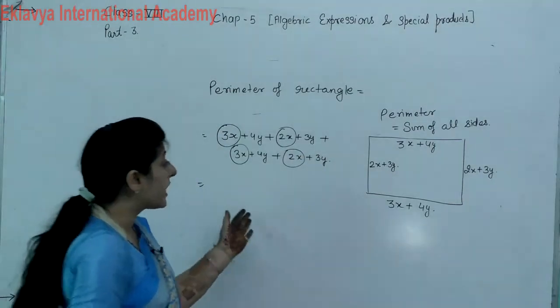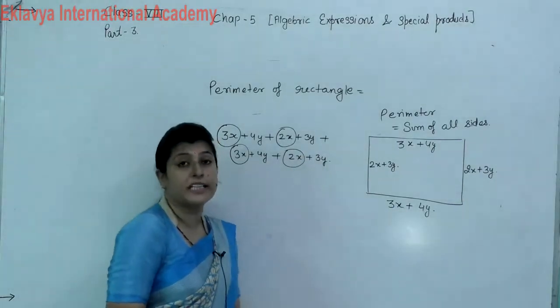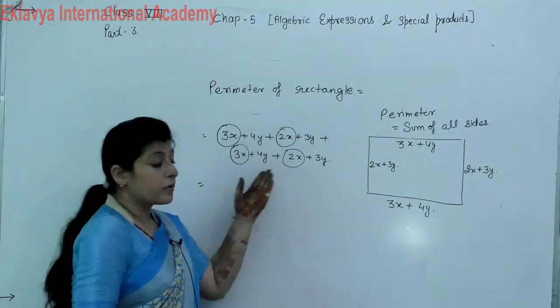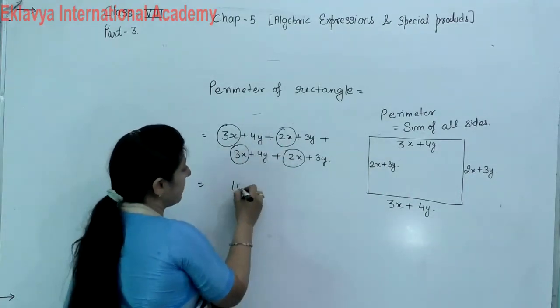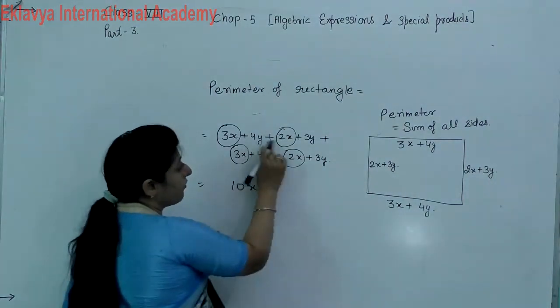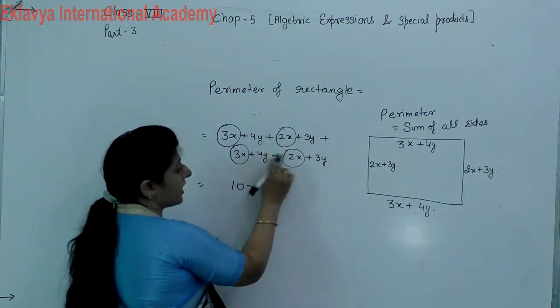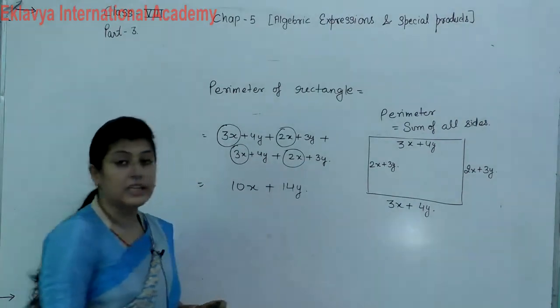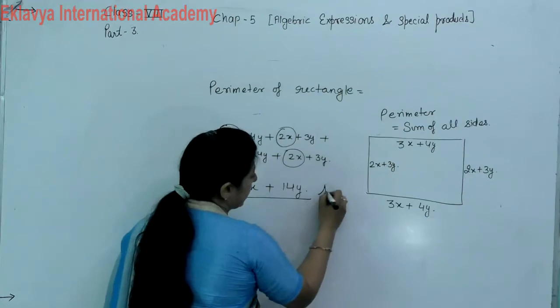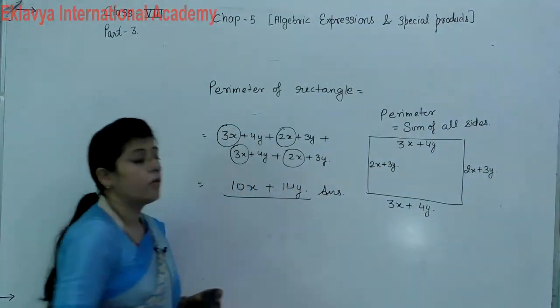There is no need to write again and again. Firstly combine these terms together. You can directly calculate. 3 plus 2, 5. 5 plus 5, 10x plus 4 plus 3, 7 plus 4, 11 plus 3, 14. Then your answer will be 10x plus 14y.